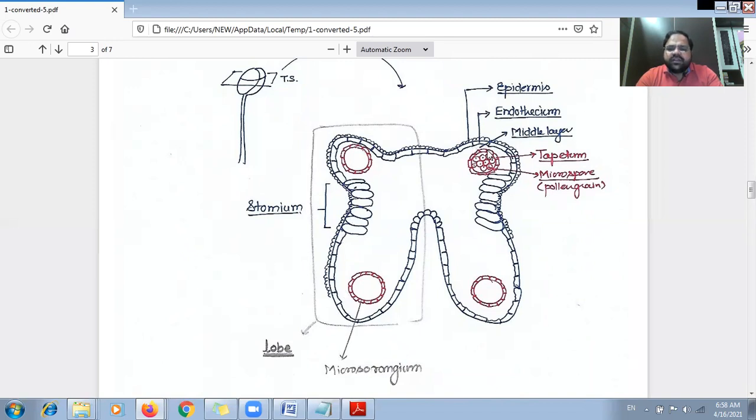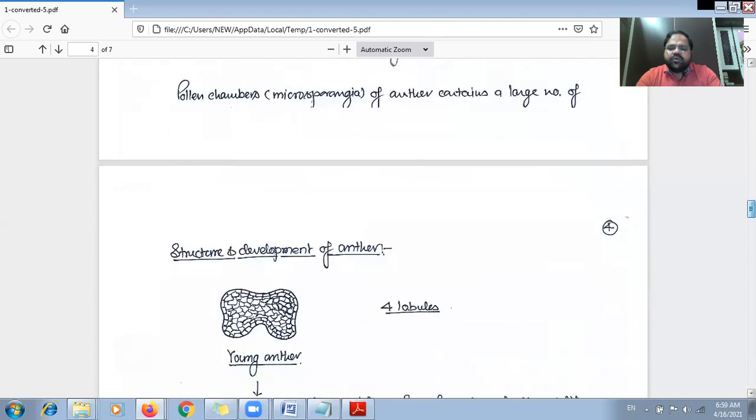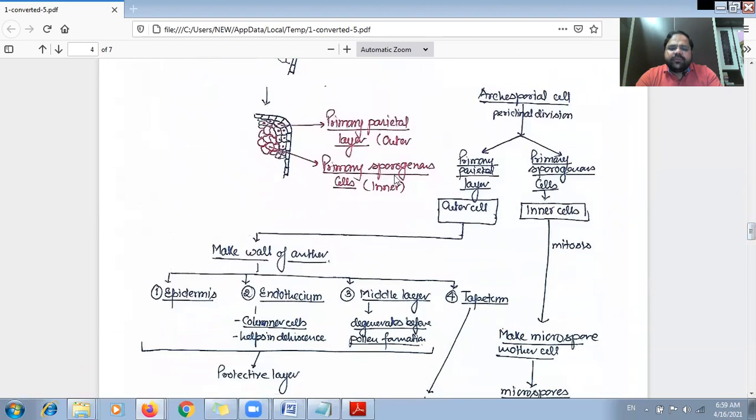After that, there is a group of cells called the middle layer, and after the middle layer, around each microsporangium, there is a layer of tapetum. All these four layers, epidermis, endothecium, middle layer, and tapetum, are formed by the outer layer, and the microspore has been formed from the microspore mother cell, which has been formed from the primary sporogenous cells.